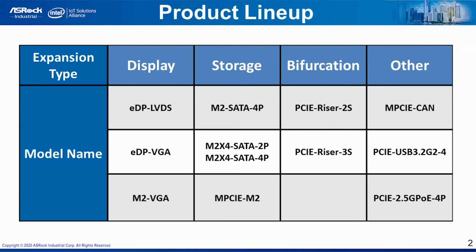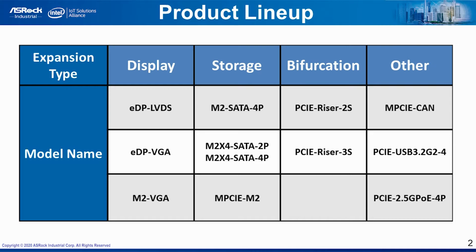For display usage, we have add-on cards to have VGA or LVDS output. For storage usage, these cards can transfer to SATA or M.2 interface, and also PCIE-Riser cards to apply different function cards. Other SKUs like CAN bus or USB and PoE output cards.